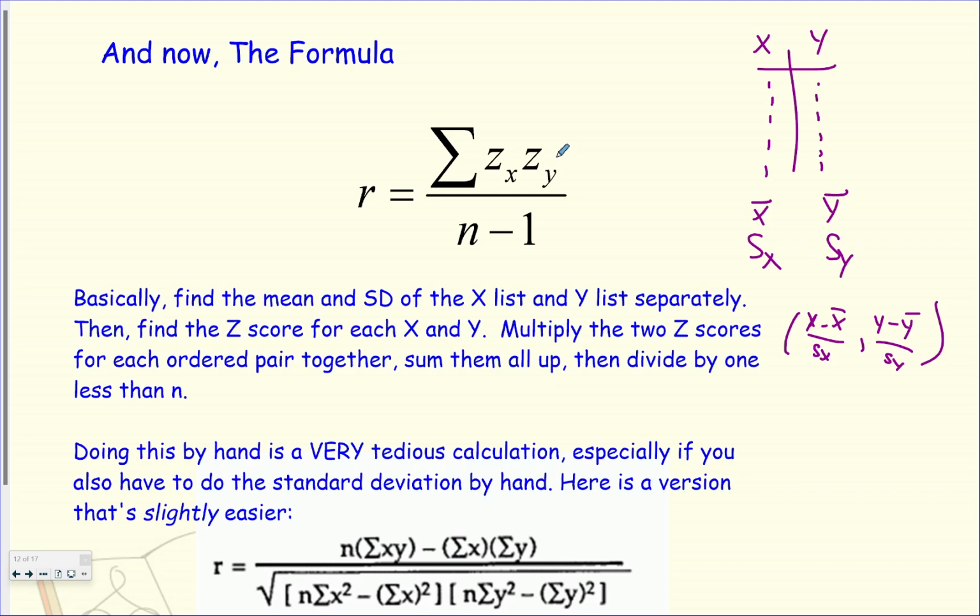But what does that mean? What that means is that this formula is looking to see if values that are low match with values that are low. So in other words, if we had a point that is one standard deviation below average, does it pair up with a point that is also one standard deviation below average?